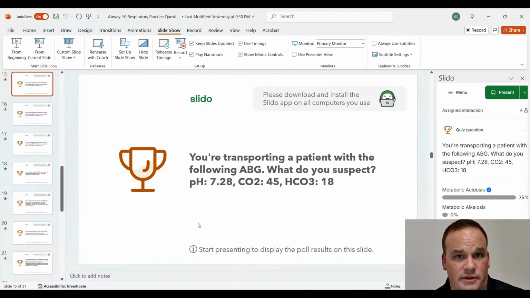Usually that marker is 25. So it's just a really good indicator that, yep, this patient is in some type of metabolic acidosis. We know that because they're septic, or we know that because they're in DKA. But their body's also trying to compensate by trying to blow off and get rid of excess CO2.